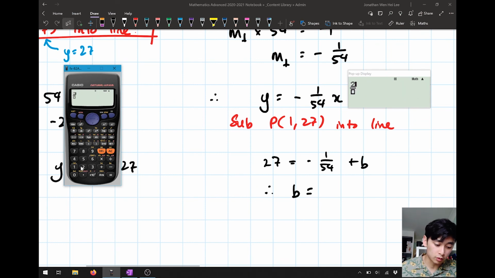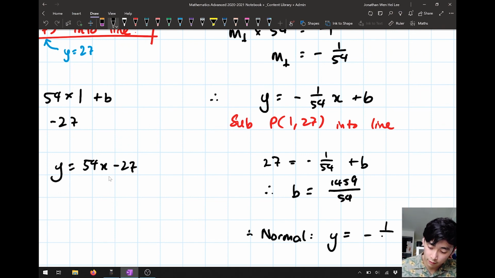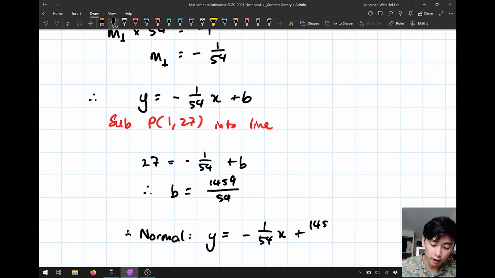Let me try that again. 27 plus 1 over 54. So I get 1459 over 54. So therefore, my normal is y is equal to negative 1 over 54x plus 1459 over 54. So there we go.